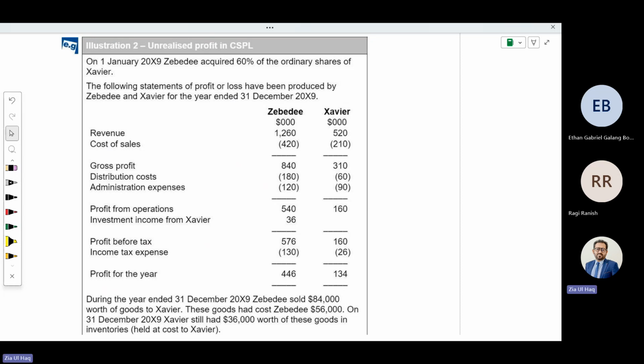Revenue, cost of sales, GP, distribution cost, admin expense, profit from operations, investment income from Z that we need to eliminate, and profit before tax, income tax, and profit for the year.